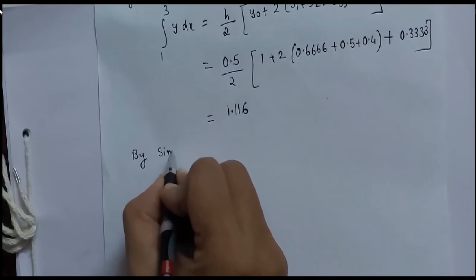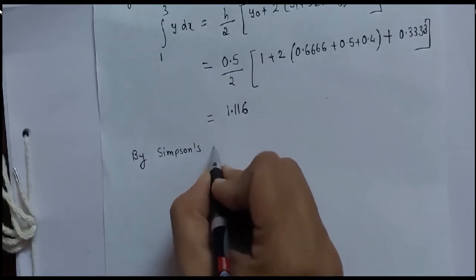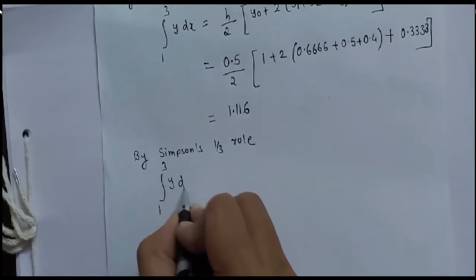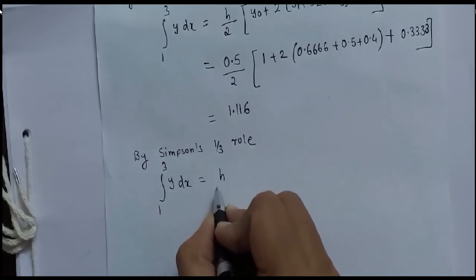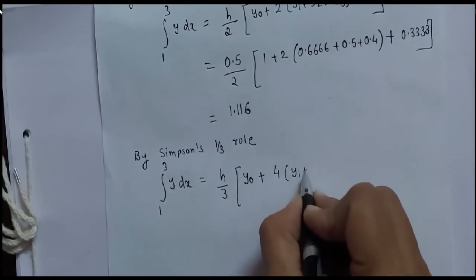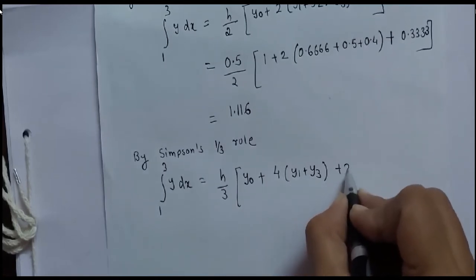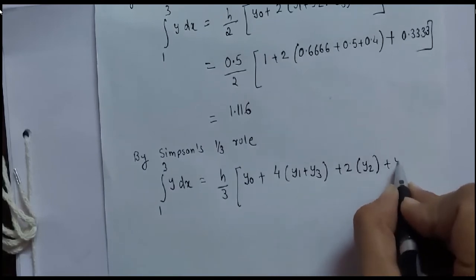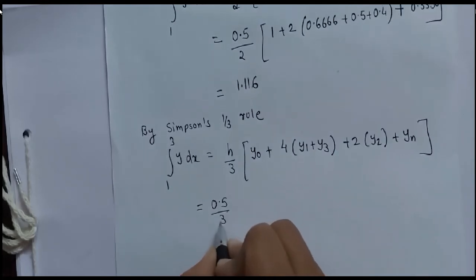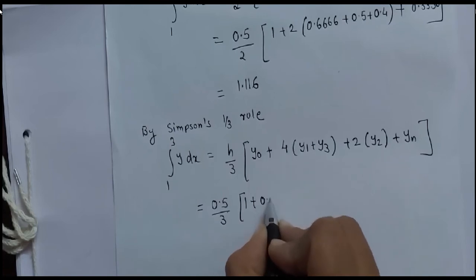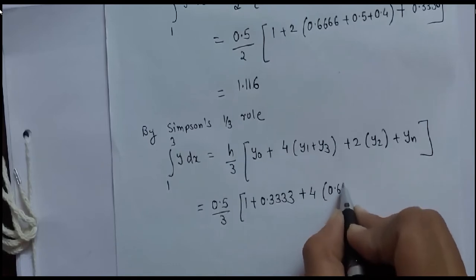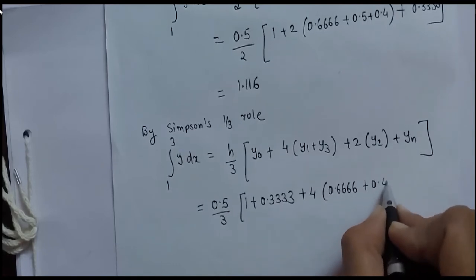Now we will solve this by Simpson's 1/3 rule. By Simpson's 1/3 rule, the integral from 1 to 3 of y dx is equal to h by 3 times y0 plus 4 times (y1 plus y3) plus 2 times y2 plus yn, which is 0.5 by 3 times (1 plus 0.3333 plus 4 times (0.6666 plus 0.4) plus 2 times 0.5).